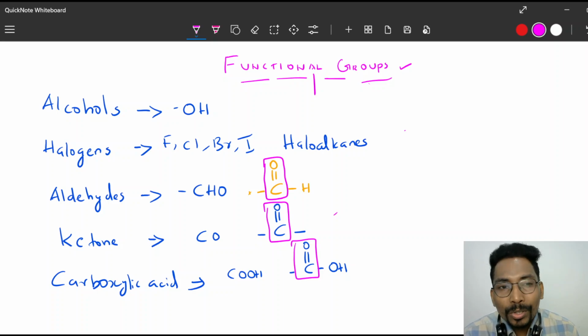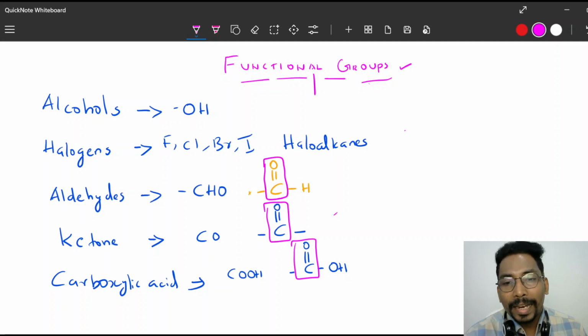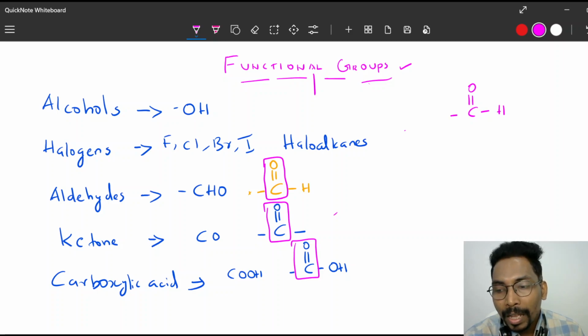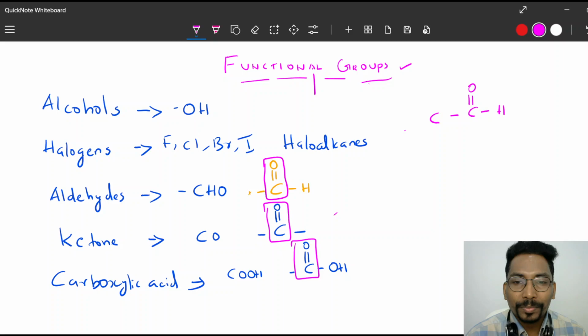How to identify among these three? If it is an aldehyde, at one side of the C double bond O one hydrogen will be there, and on the other side one carbon will be attached.